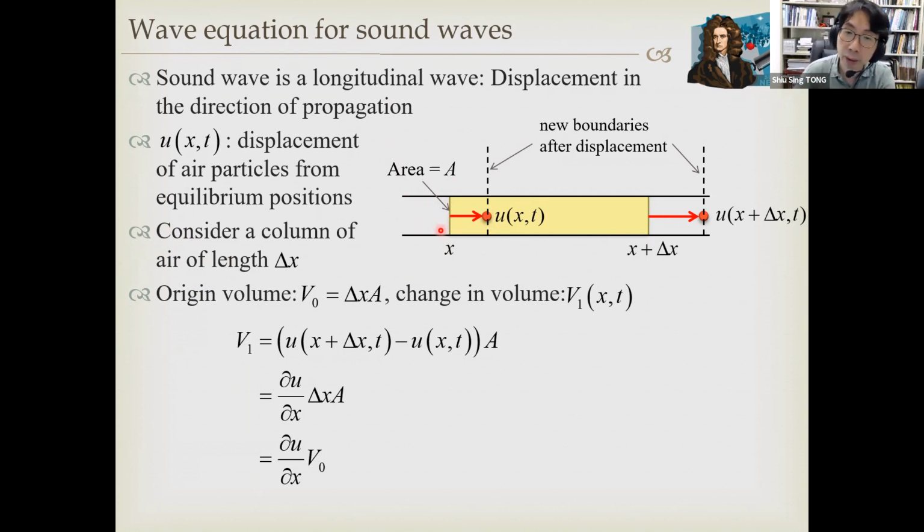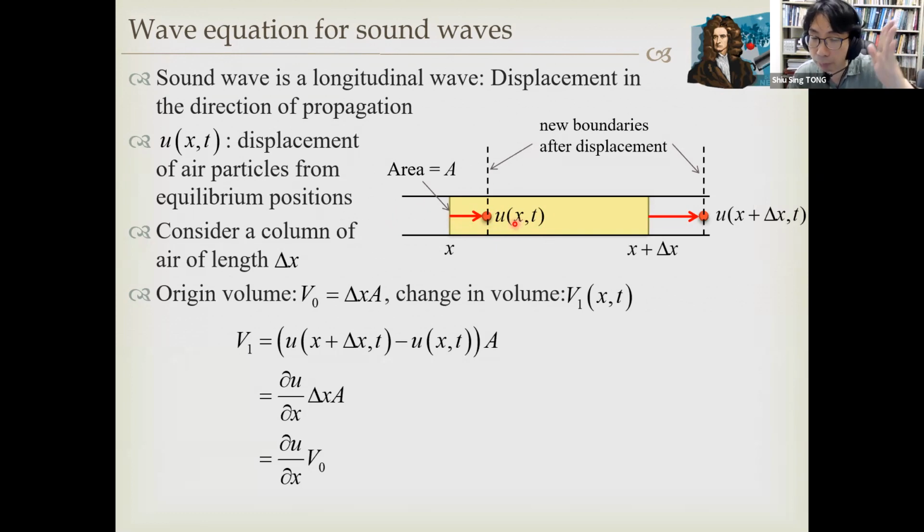Our convention is that the wave is traveling to the right, so displacement to the right is taken as positive, and displacement to the left is taken as negative. We denote this displacement by u. So u is again a function of x and t.